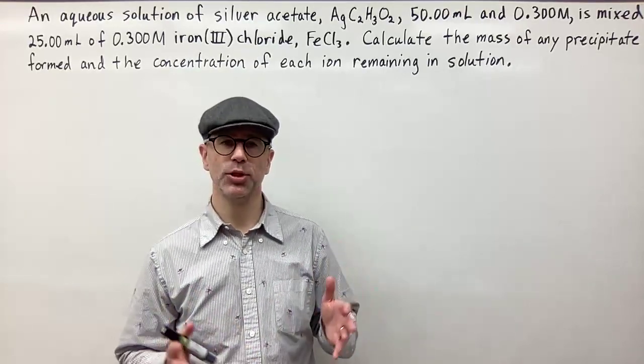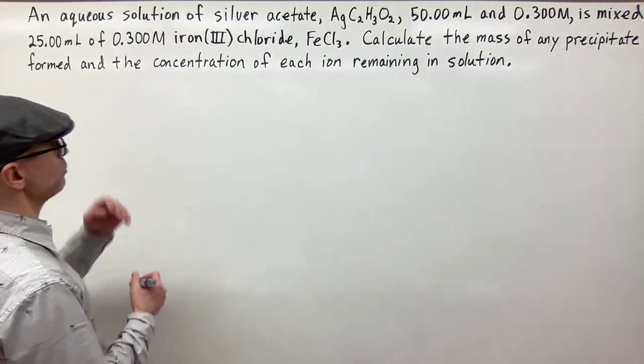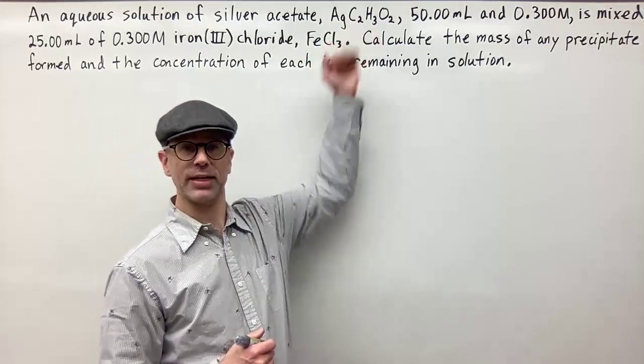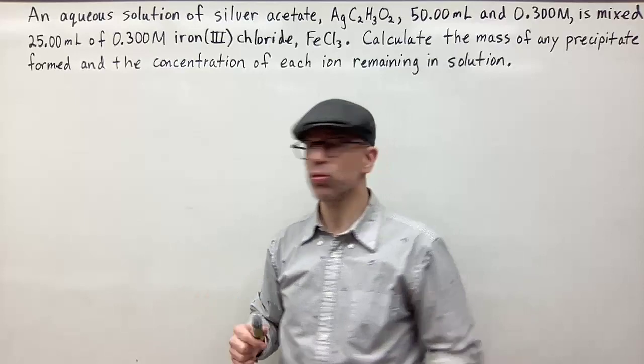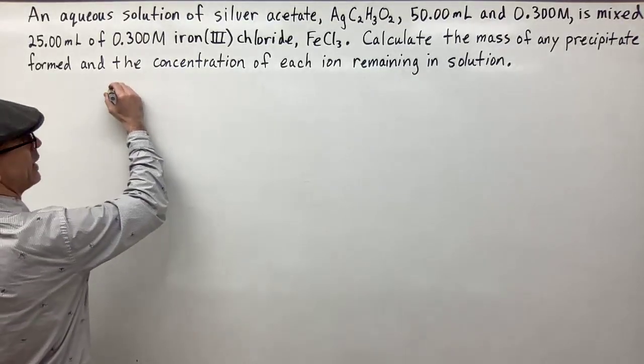We can't do anything until we do that. So let's do that. We know that our reactants are silver acetate mixed with iron 3 chloride. We have to make sure we get the formulas right and then get the products.